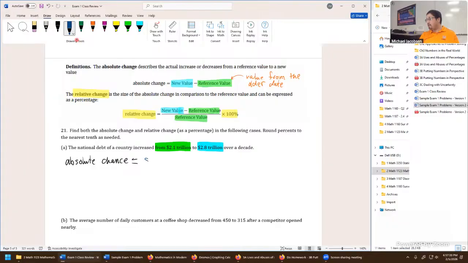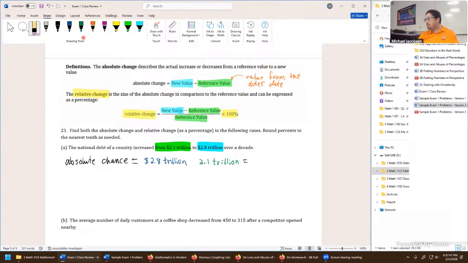So we can say 2.8, I'll keep the units as is, trillion, minus the 2.1 trillion. This is the reference value. This is going to come out as a positive number, but that would mean the national debt has grown for this particular country. And those units kind of got away from me.